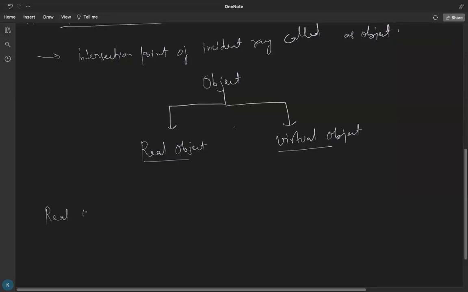A real object is where the intersection point of the incident rays is real.